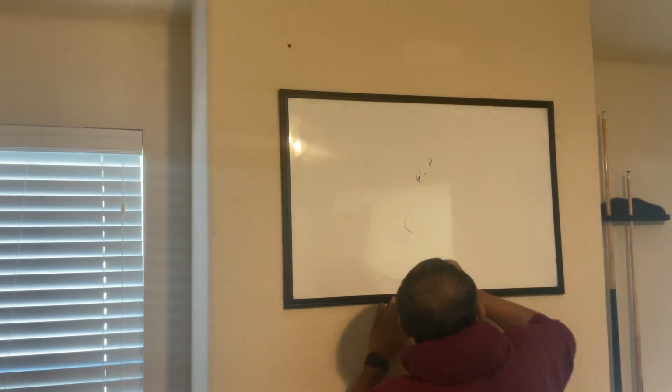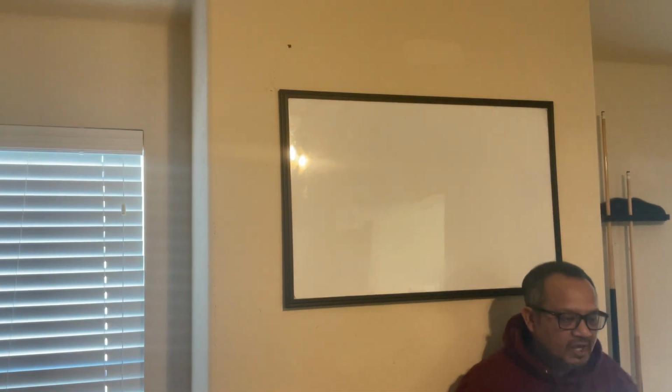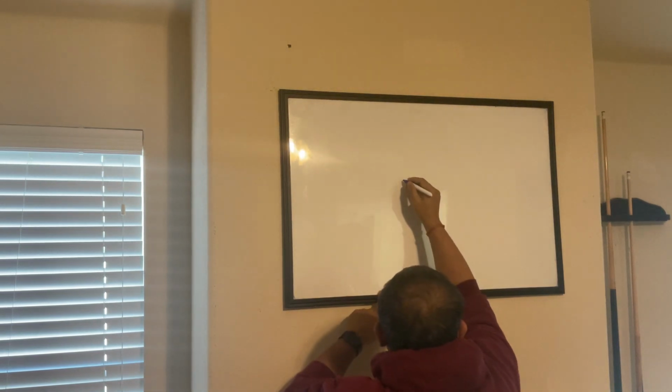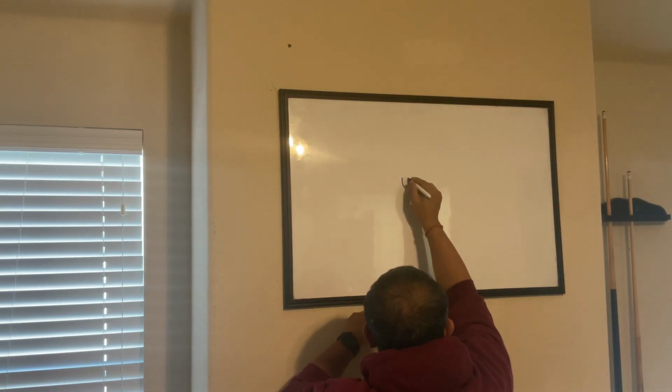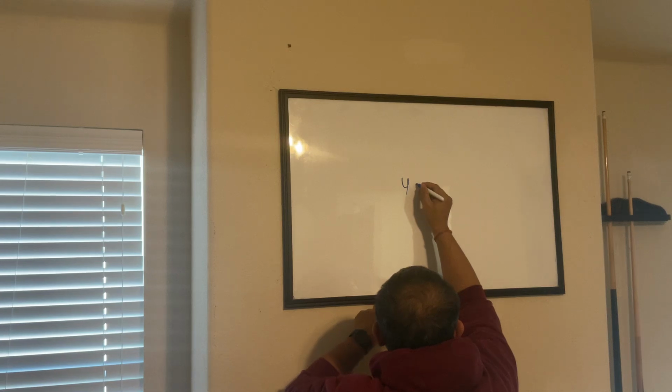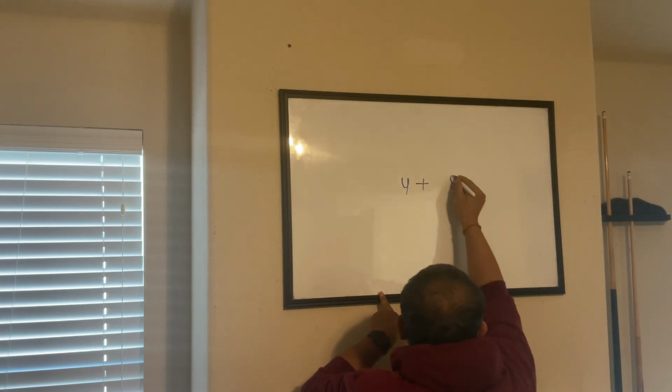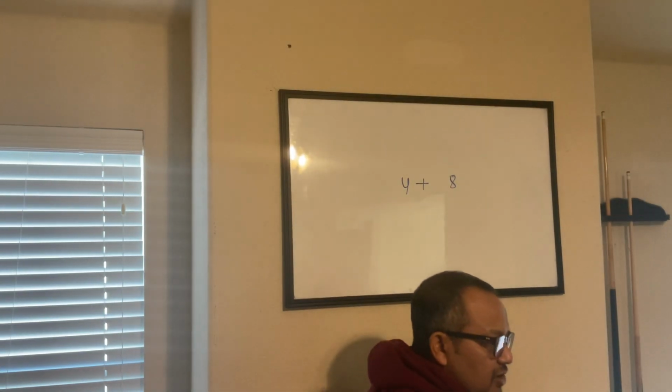Alright. So we looked at what is the definition of polynomial, what is the breakdown, then what are the different parts of a polynomial. If I say 4 plus 8, is it a polynomial?